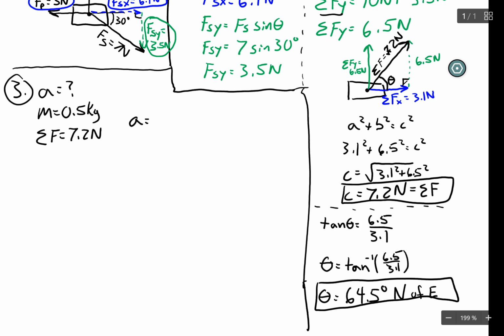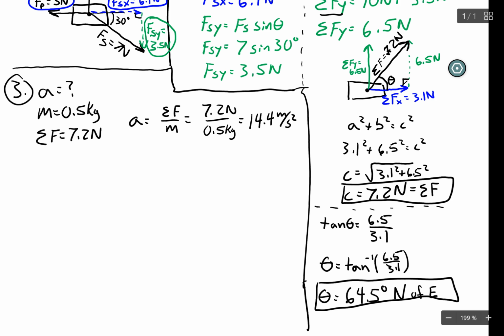The acceleration is equal to the net force divided by the mass, which is equal to 7.2 newtons divided by 0.5 kilograms. So that's going to be equal to 14.4 meters per second squared in the same direction.